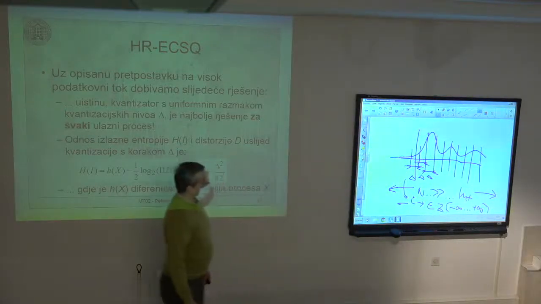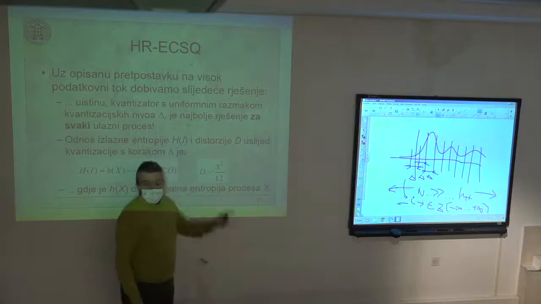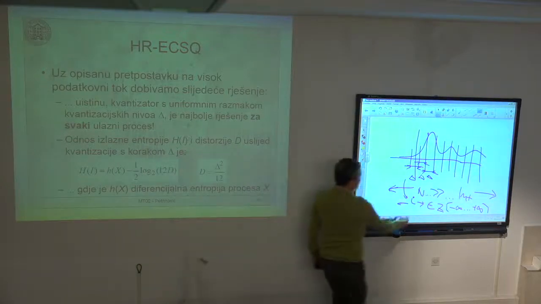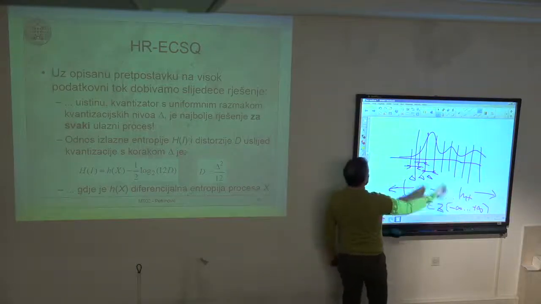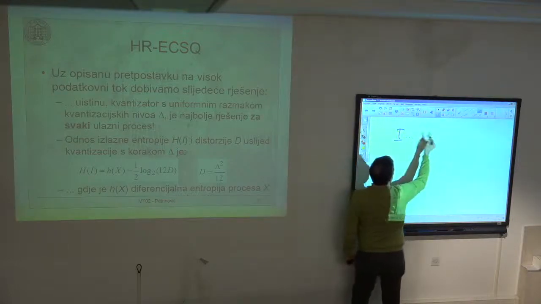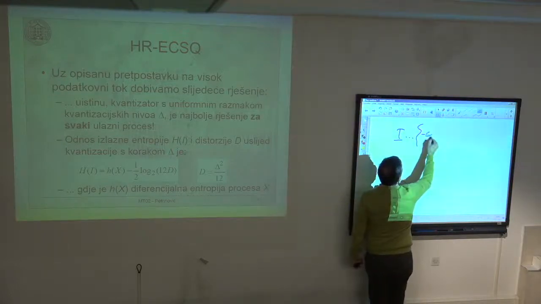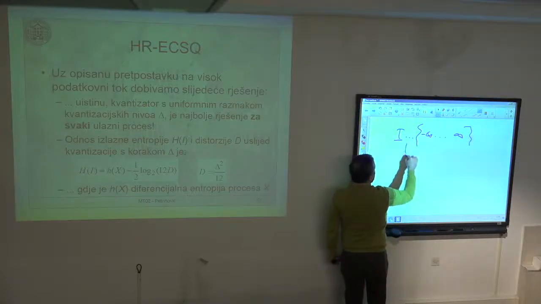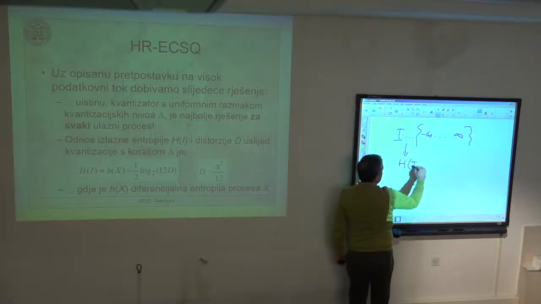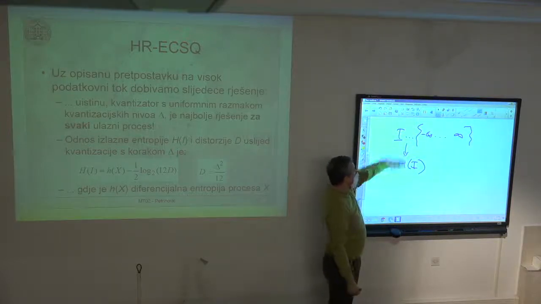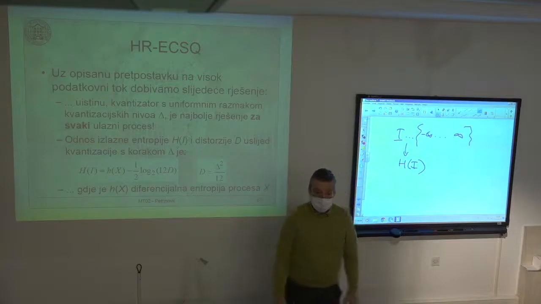Okay. And I construct then the entropy coder for the process with such infinite alphabet. So this process I, so from minus infinity to plus infinity, so this is the dictionary. It has certain entropy because I apply the entropy coder to the output indices. Okay?